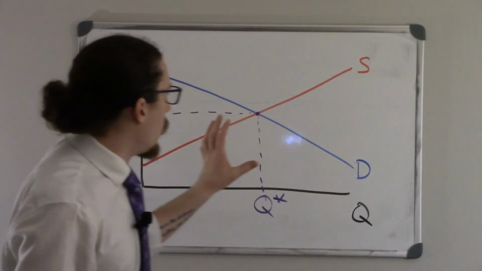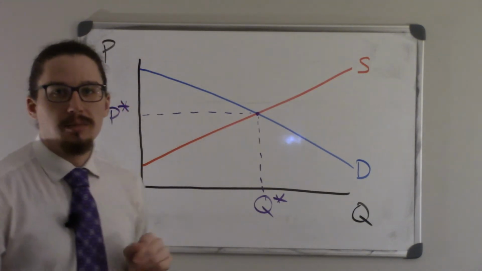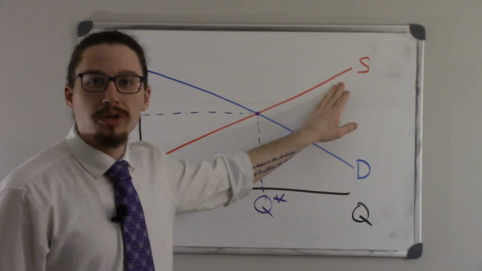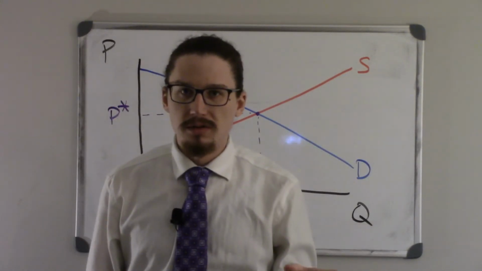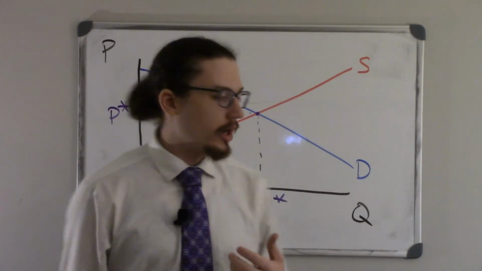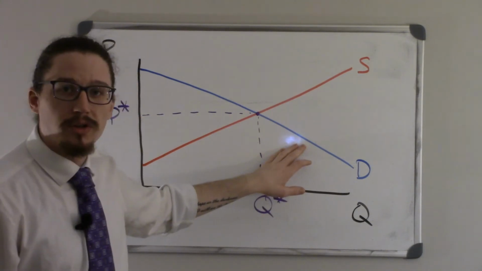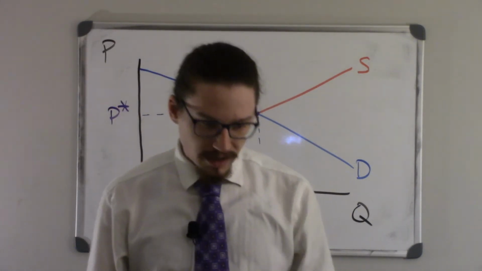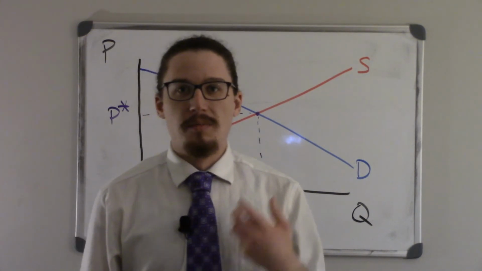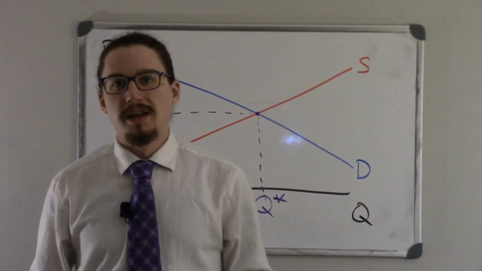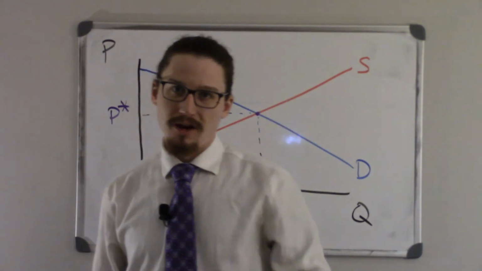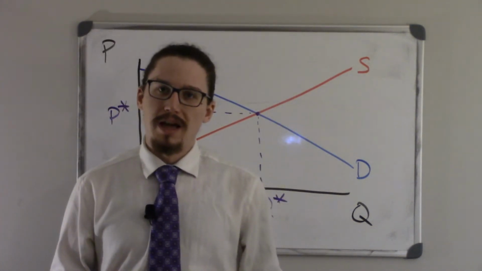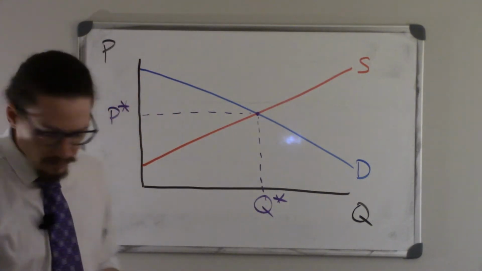Who's really competing in supply and demand is producers competing with each other to supply a good for the lowest price, and consumers competing with each other to buy the good, and one of the ways that they're going to do that is by offering a higher and higher price. If I want a good really badly, I'm going to offer a higher price for it.